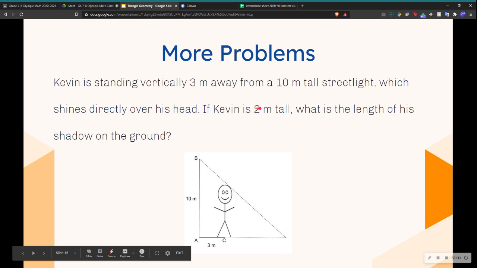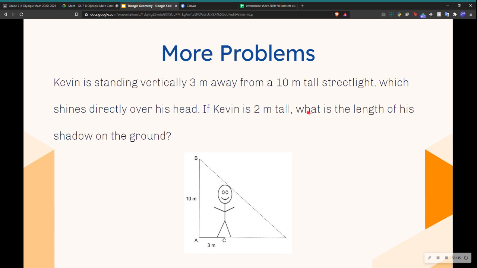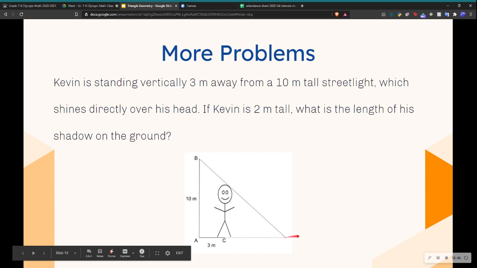And if Kevin is 2 meters tall, I know that's not exact height, but I'm just making these numbers up to make calculations simpler. Say Kevin is 2 meters tall. What's the length of his shadow on the ground? It means the length from C over here to where the light meets the ground. That's the length of his shadow.